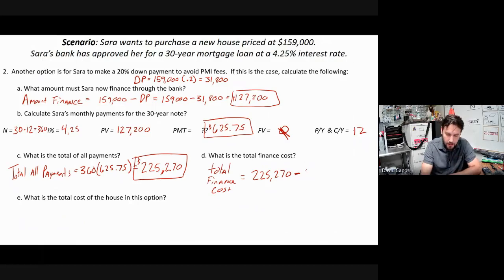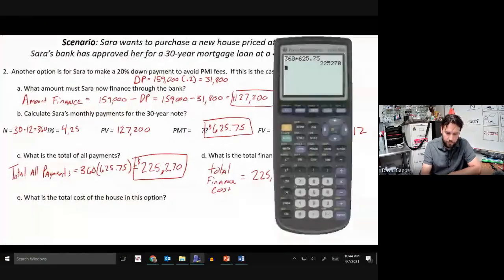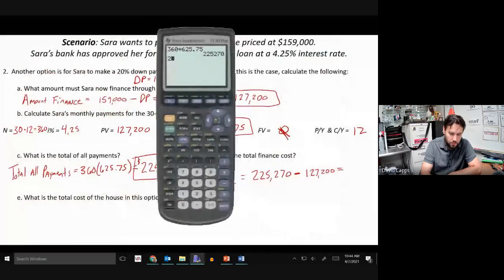They gave me $127,200. Not the cash price for the house, but minus what they gave you. So if I calculate that out, $225,270 is what I paid the bank. The bank gave me $127,200, and there it is: $98,070.